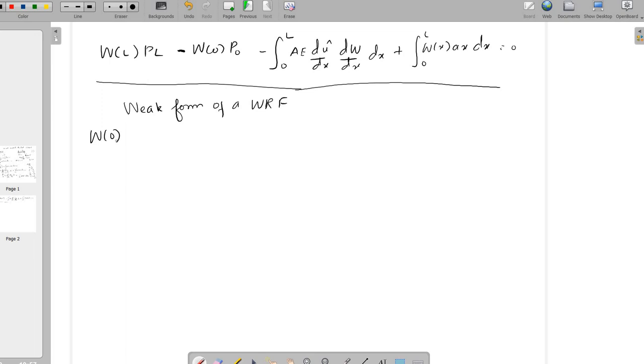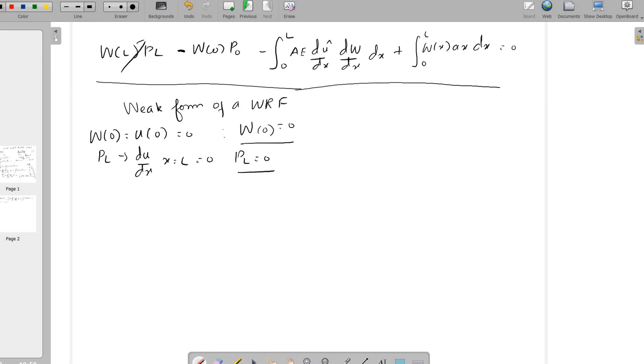W of 0 is the displacement function at 0, which is equal to 0, and the axial force PL depends upon the slope at x equal to L, which is 0, hence PL is equal to 0. So the first solution we get is W0 equal to 0, the second solution PL equal to 0.